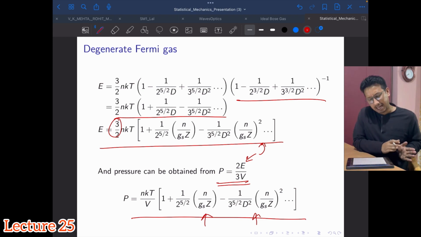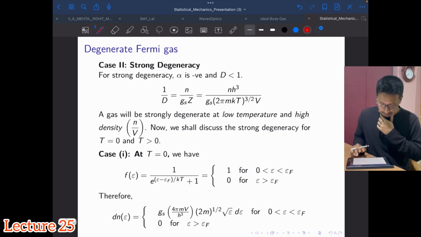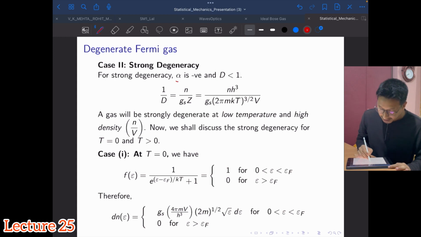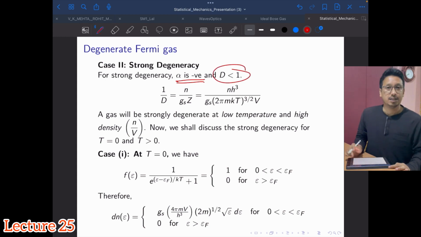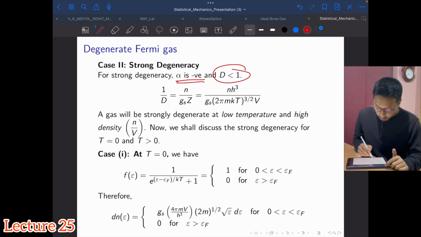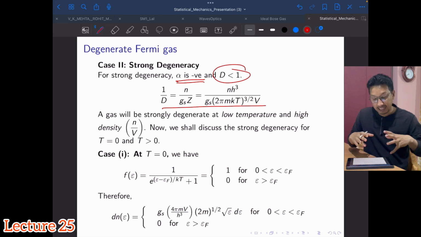This is quite similar to what we obtained for the Bose-Einstein gas. Now, in case of strong degeneracy, where alpha is negative, that means the parameter D will be less than 1, so 1 by D will be greater than 1.